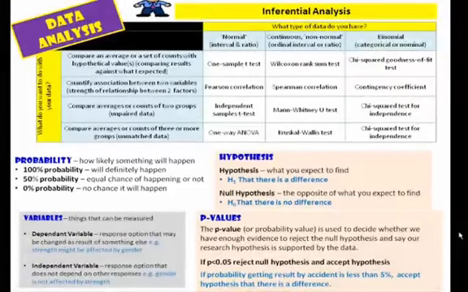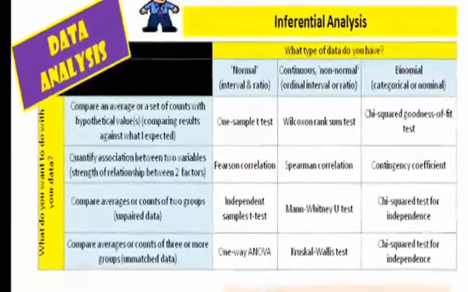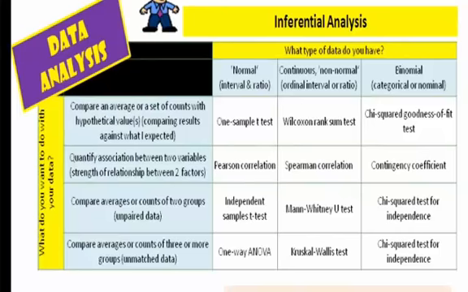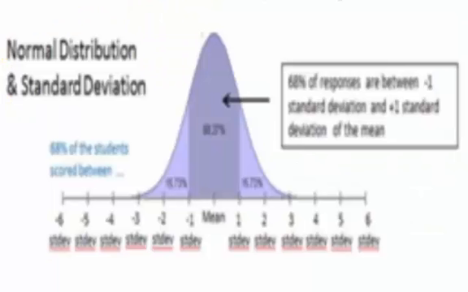So this table allows us to decide which test we need to do to see if that is a statistically significant difference. Along the top of the table, it talks about normal data. In the first video, we talked about the normal distribution. And remember, the normal distribution looked like this, where the data forms a bell-shaped chart with very few responses at the very low or very high ends, and most of the responses clustered around the centre.